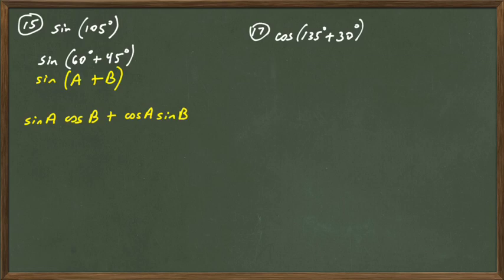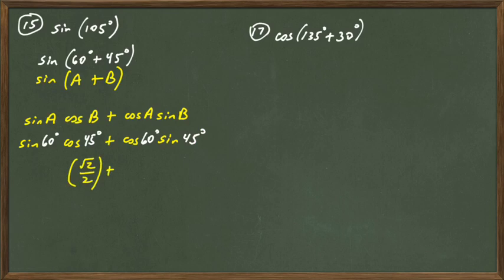Okay, so let's fill this in. Sine, cosine, cosine, sine. What goes in place of every A? 60 degrees. What goes in place of every B? 45 degrees. 45 degrees is pi over 4, and sine and cosine of 45 degrees are both radical 2 over 2.